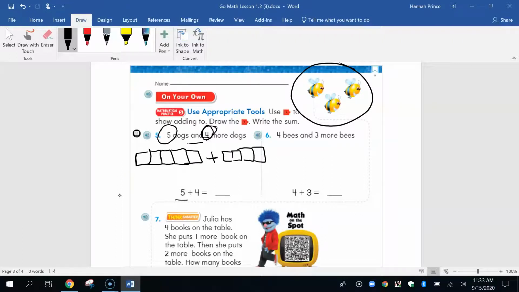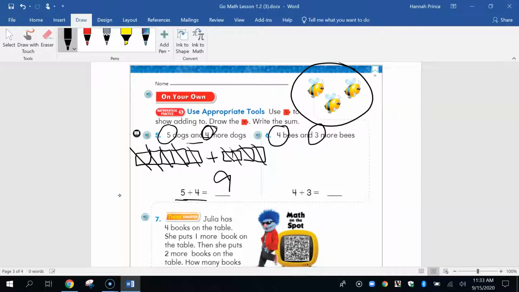How many do we have all together? 1, 2, 3, 4, 5, 6, 7, 8, 9. 5 plus 4 equals 9. Next problem. 4 bees and 3 more bees.